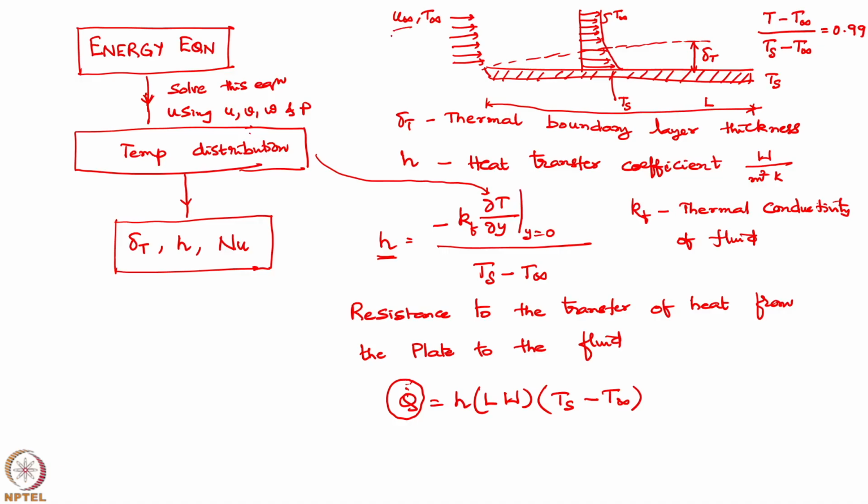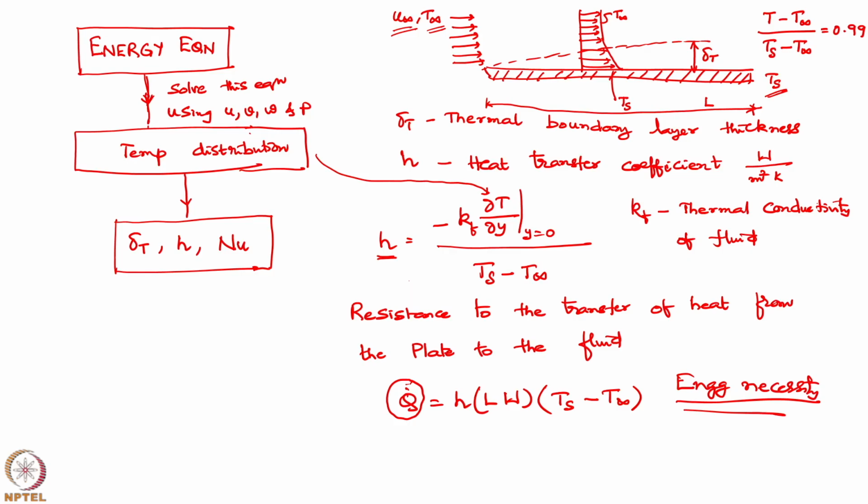If I blow air of U infinity and T infinity and maintain a very high temperature, how much heat can I remove? That can be obtained only when I solve the energy equation, get the temperature distribution, and get the heat transfer coefficient; from there you can calculate this. So, it is this engineering necessity to compute the Q dot that makes us solve for the temperature distribution.